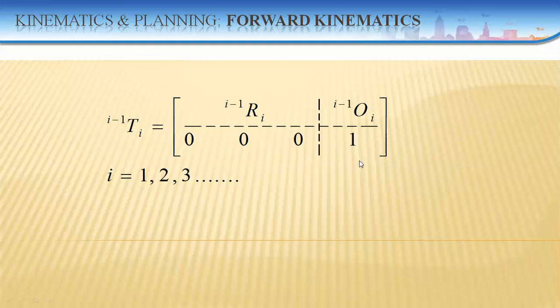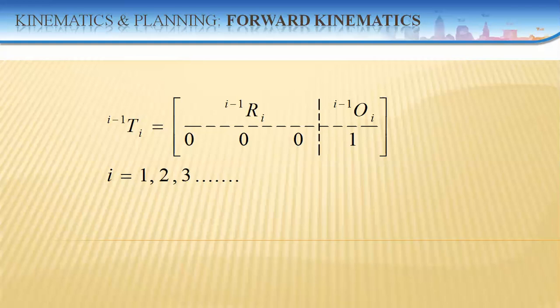All right, and this i may be 1, 2, 3 up to n, where n is the number of links. If i is equal to 1, we have one link of the robot with respect to base. If i is equal to 2, we have two different links based on one base, and three different links with respect to base frame.